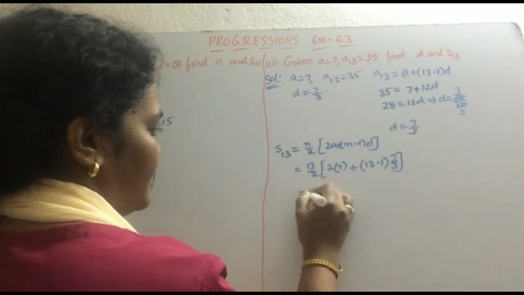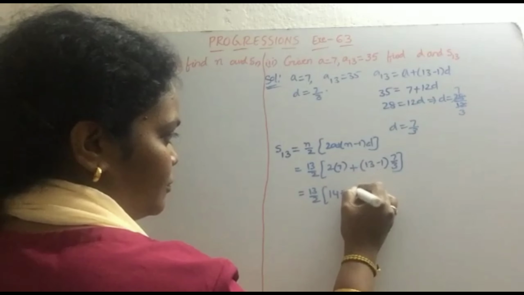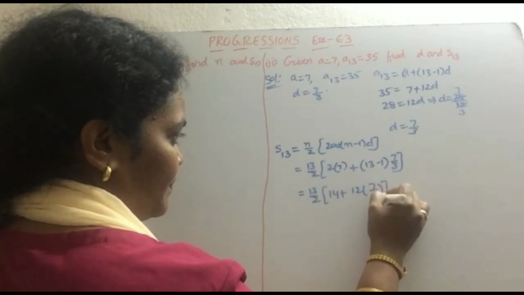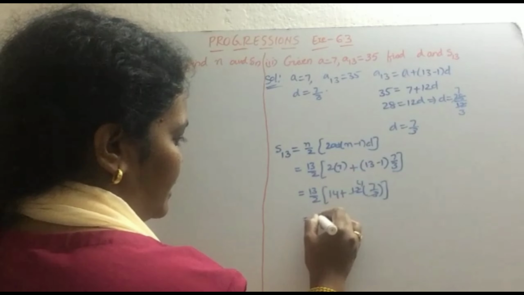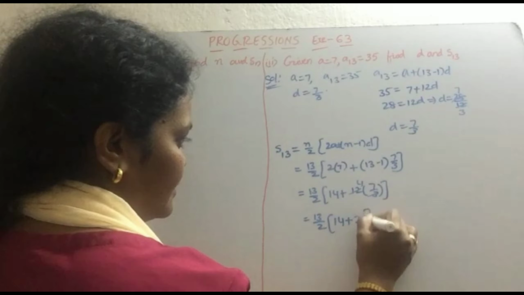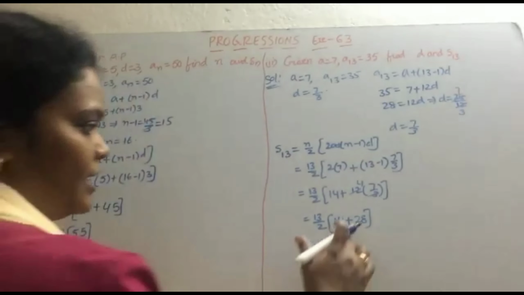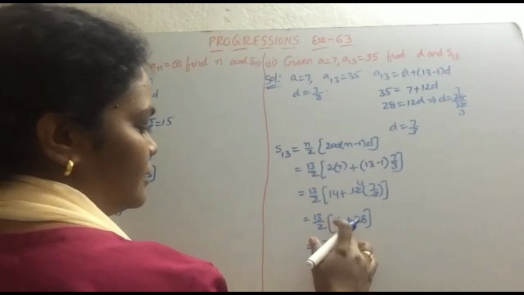So that is 13 by 2 into 14 plus here 12 into 7 by 3. So 13 by 2 into 14 plus 28. That is equal to 13 by 2 into 28 plus 14, 42.